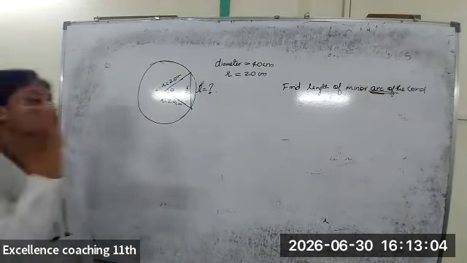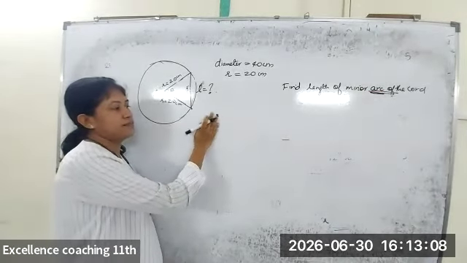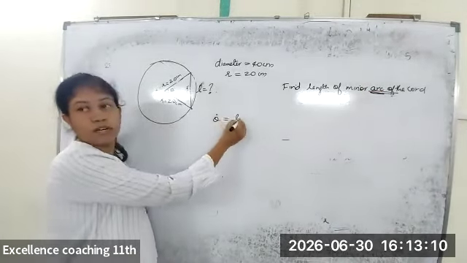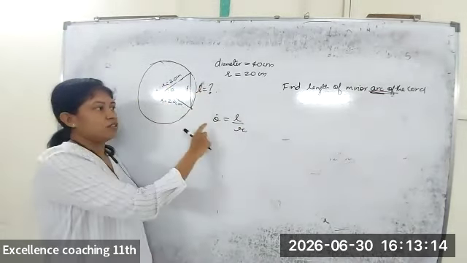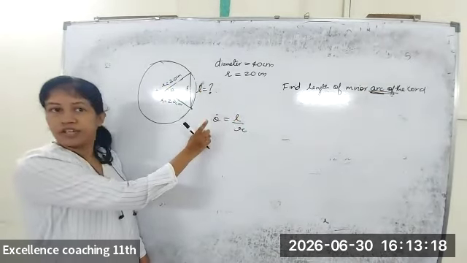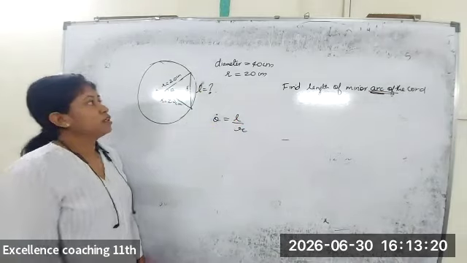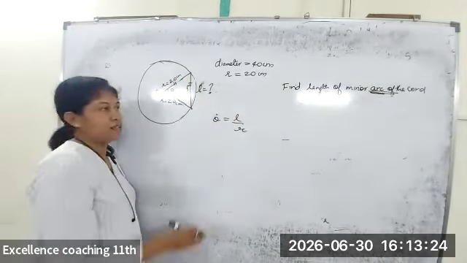Now the problem is what? What is the formula? Theta is L upon R. Now to find only radius you know. So in order to find the length, you need the radius also, you need the angle also. Angle is not given, but what you have noticed, it's an equilateral triangle.